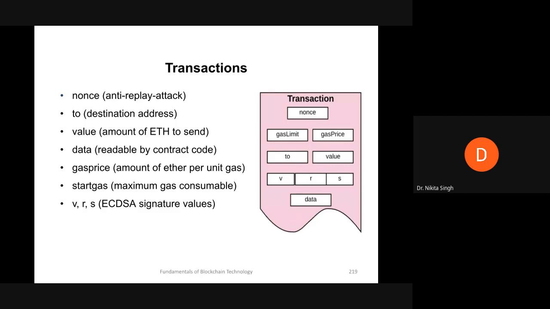Say it says you pay 6 ether, and the condition can be, I am randomly taking a condition, that the date is a particular date. So this smart contract says pay 6 ether to this Ethereum address if the date is this.